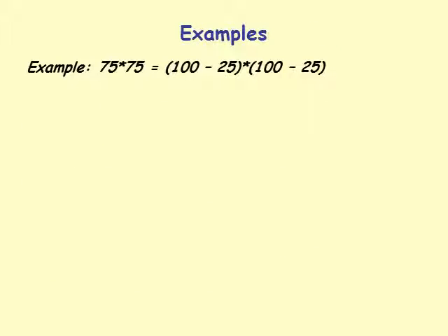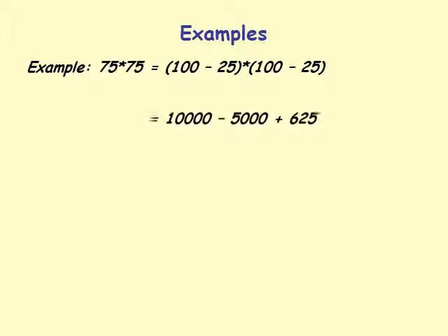Let's do an example here: 75 times 75. By subtraction, we change 75 to 100 minus 25 times 100 minus 25. A is 100, b is 25.